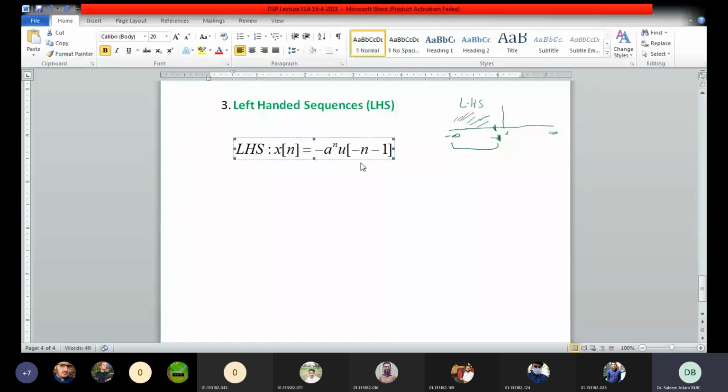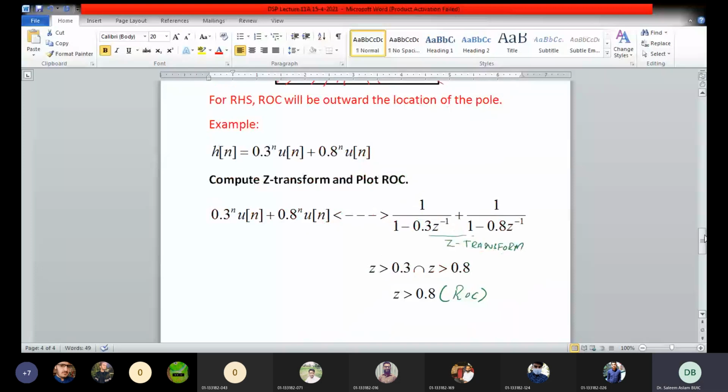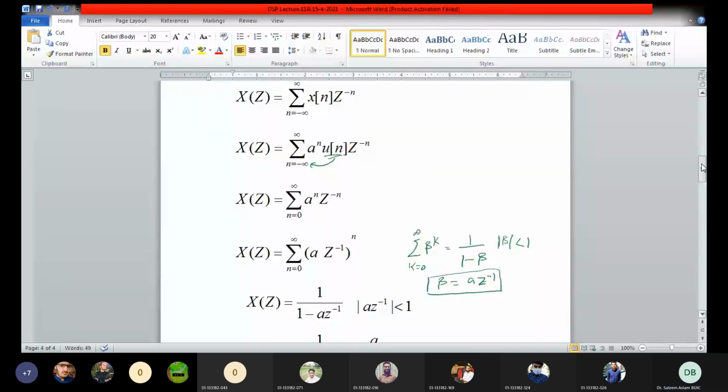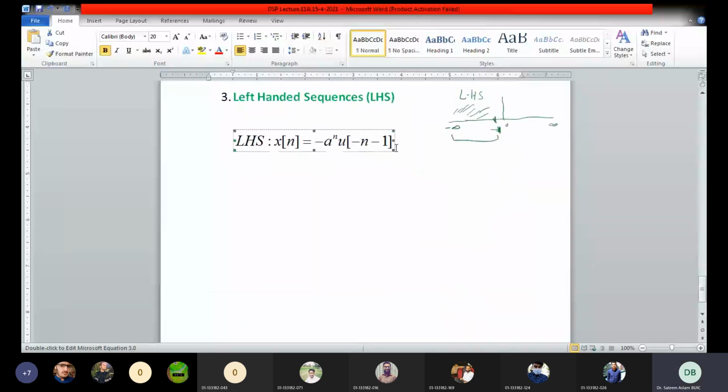So now let's compute its Z transform. How do we compute the Z transform? We simply use the standard formula: X of z equals the sum over n from minus infinity to infinity of x of n z to the power minus n.